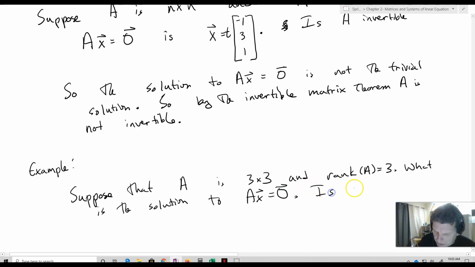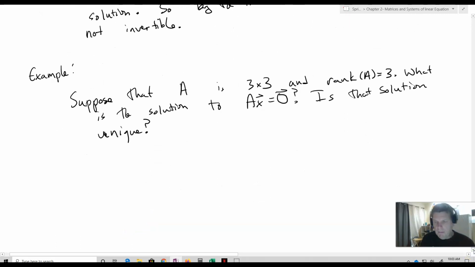And is that solution unique? Well, A is 3 by 3, so A is square, and the rank of A is equal to 3.